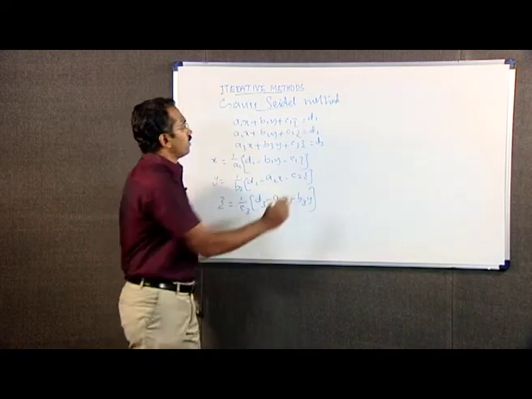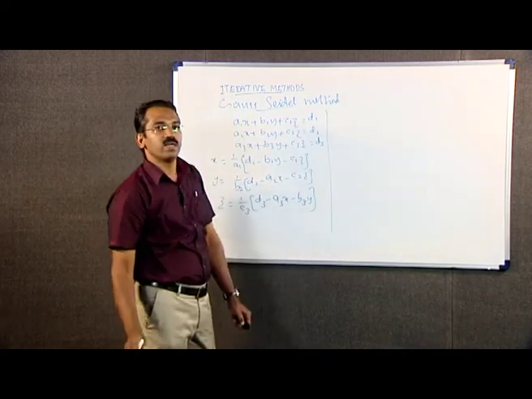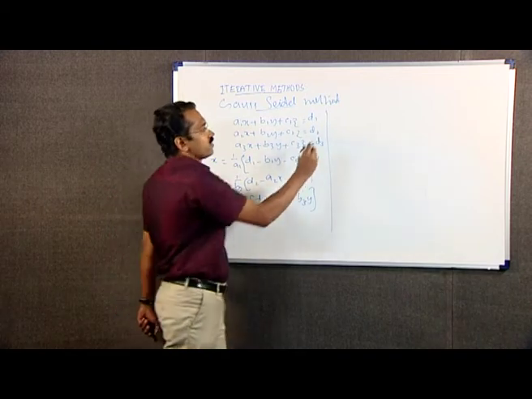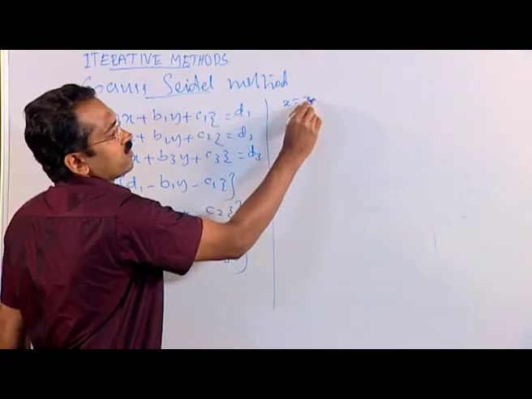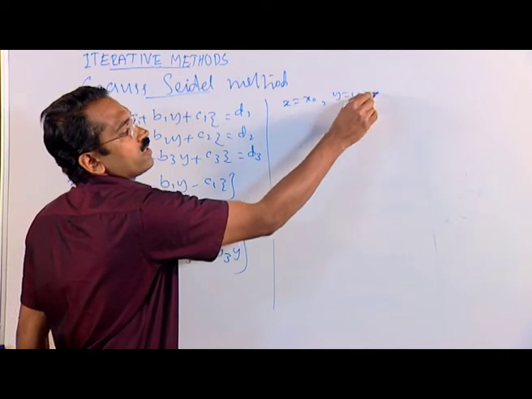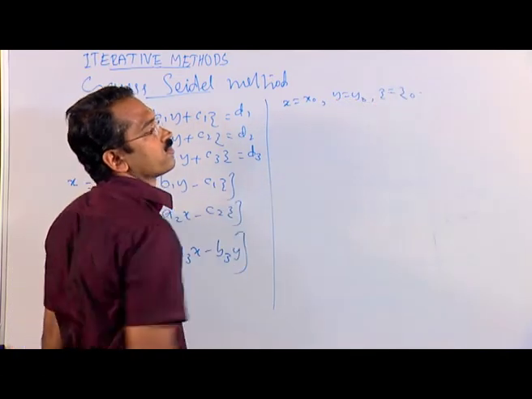Here, we will take the initial approximations as x equal to x naught, y equal to y naught and z equal to z naught.